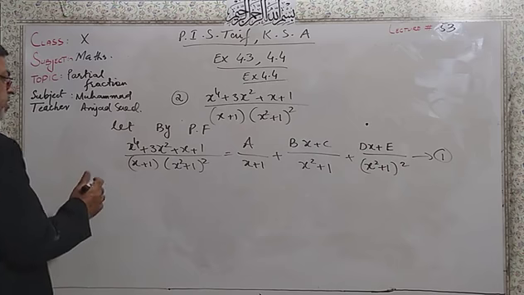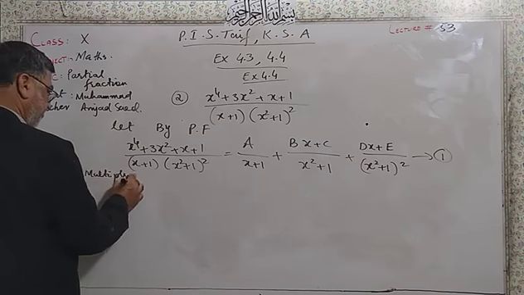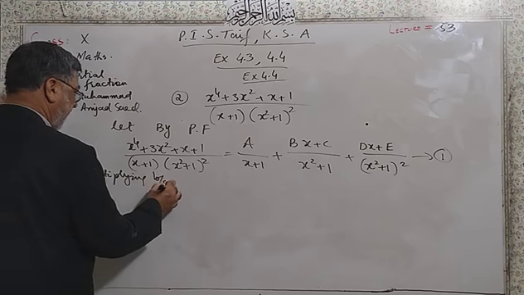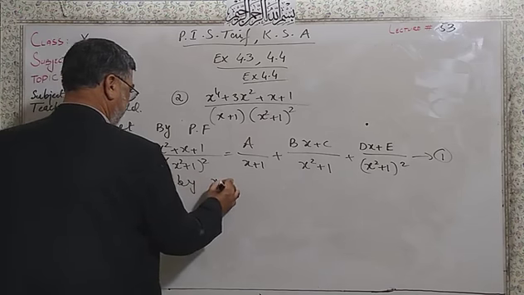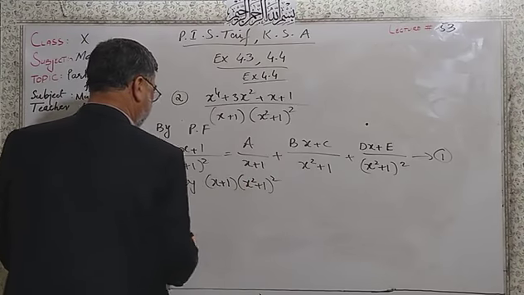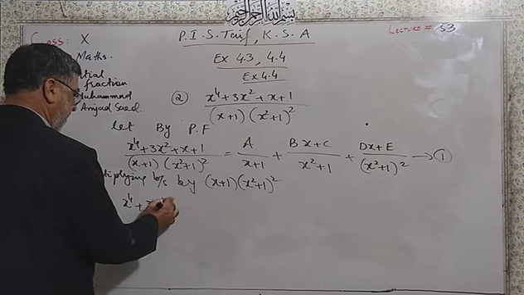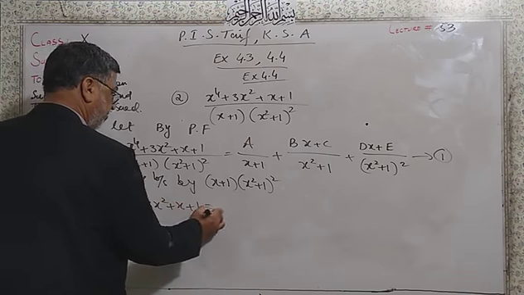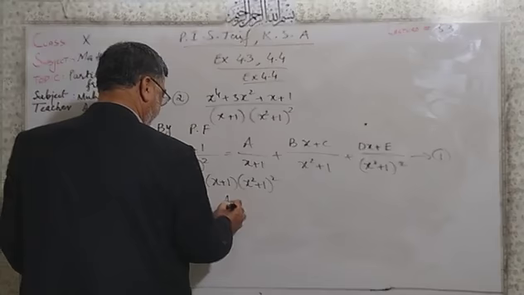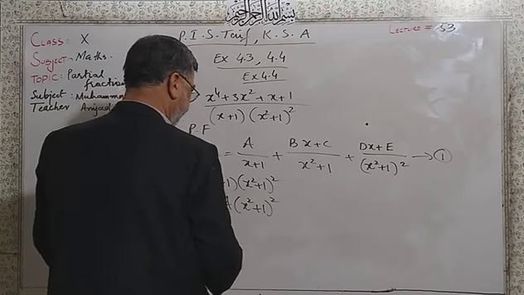Now multiplying both sides by the LCM, x plus 1 into x squared plus 1 whole squared, we are left with x^4 plus 3x squared plus x plus 1 equal to A into x squared plus 1 whole squared.